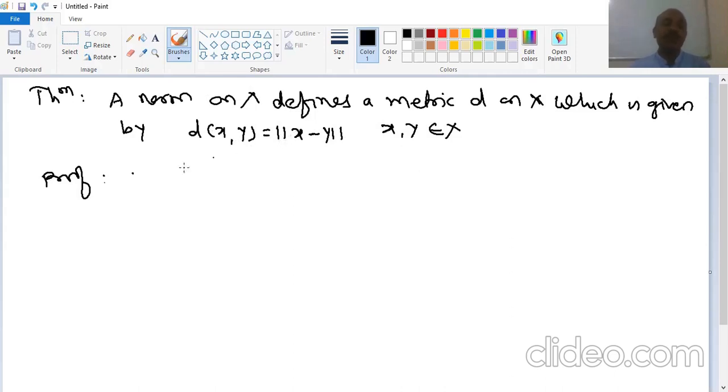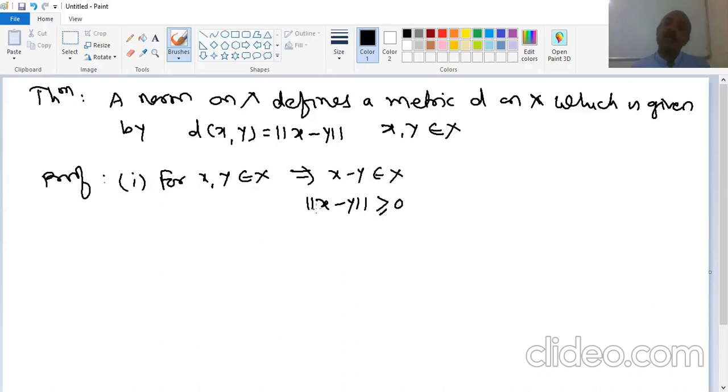First condition of metric: for x, y belongs to X, then obviously x minus y also belongs to X. By definition of norm, norm of x minus y is always greater than or equal to 0.